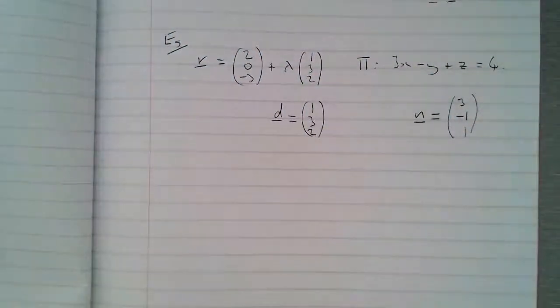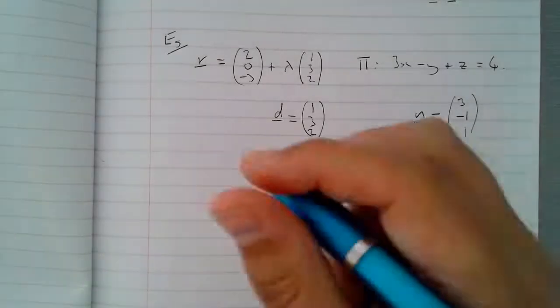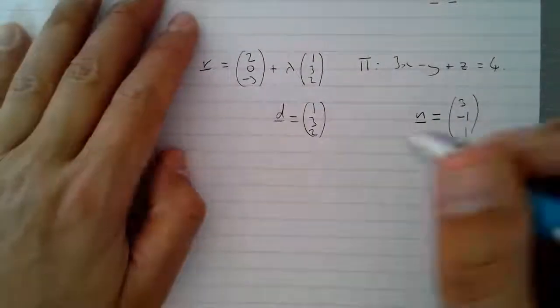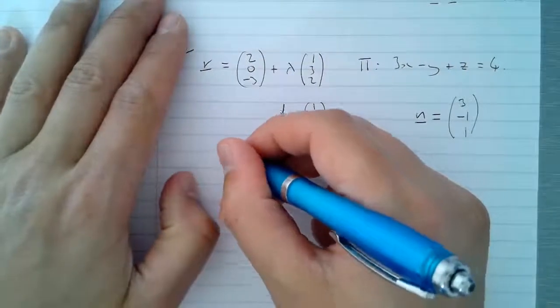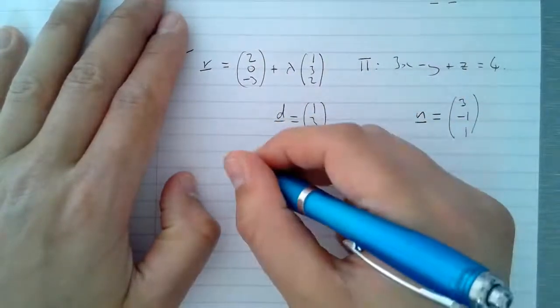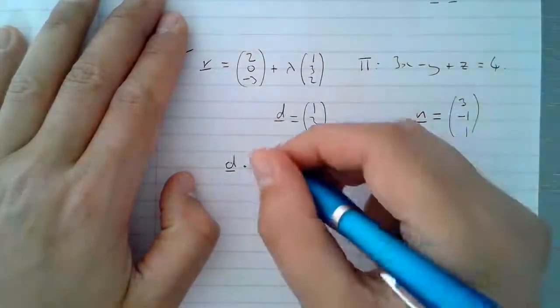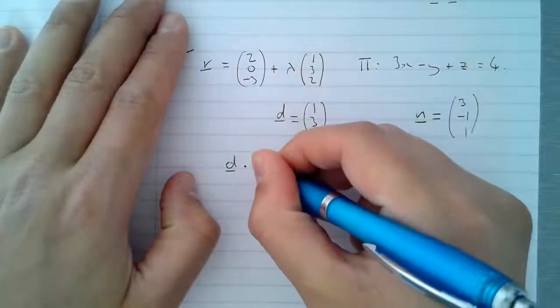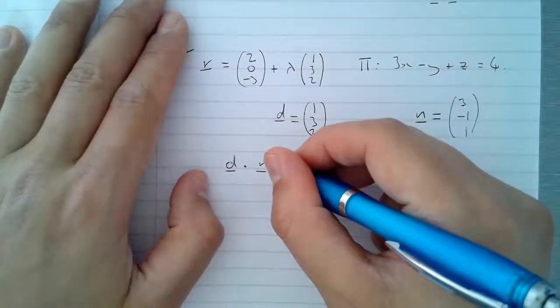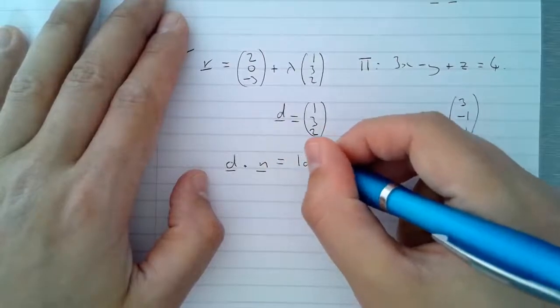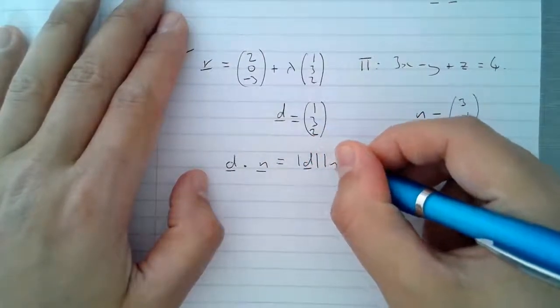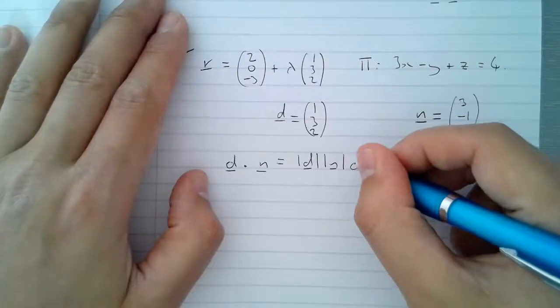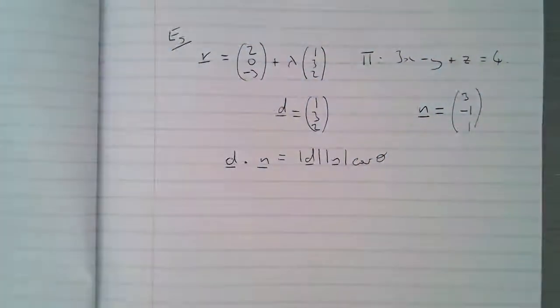So I've got those two things together, so I can dot them. It doesn't matter which order I dot them in, so don't worry too much about that. So if I've got d dotted with n, that is equal to the modulus of d, the modulus of n, cosine theta.